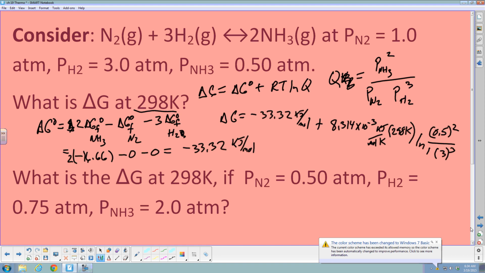Plus the -33.32, and I get an answer of -44.92 kilojoules per mole. There you go.